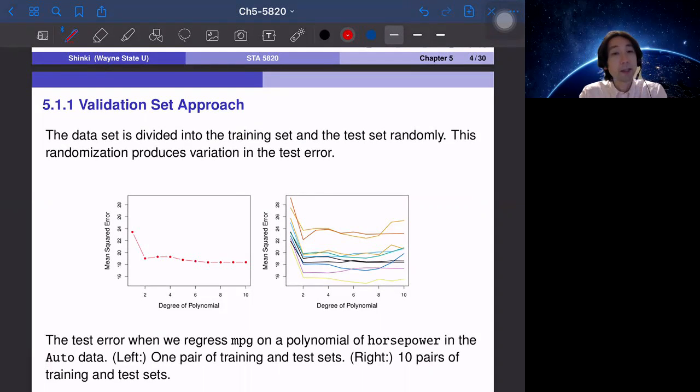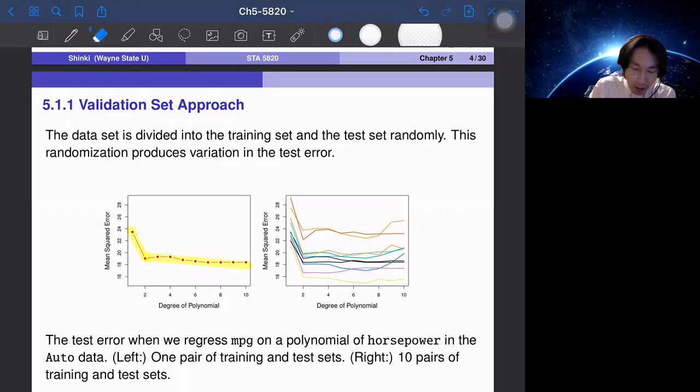The training set and test set should be randomized, but this randomization has a lot of variability. So this is the test error. We evaluate the error size by the test set with one training and test set.